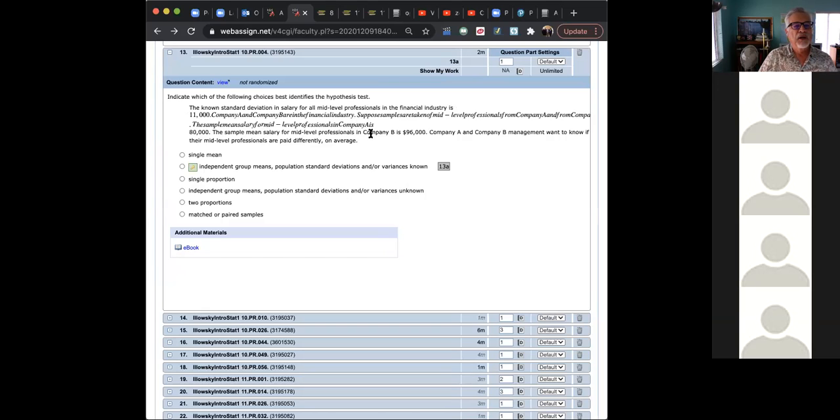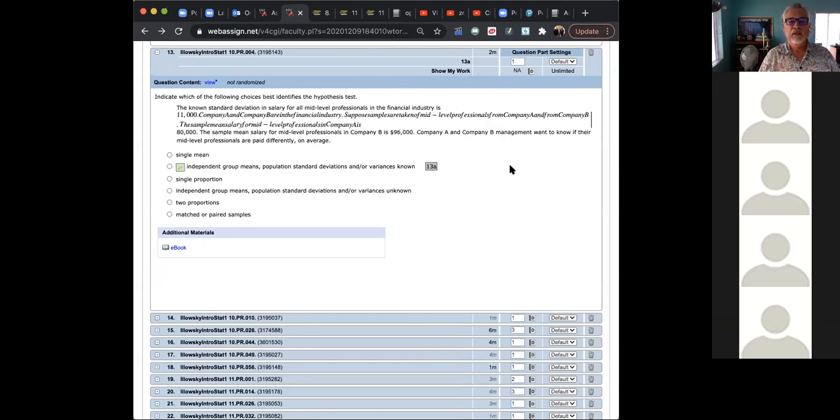Suppose samples are taken of mid-level professionals from Company A and from Company B. The sample mean salary for mid-level professionals in Company A is 80,000.